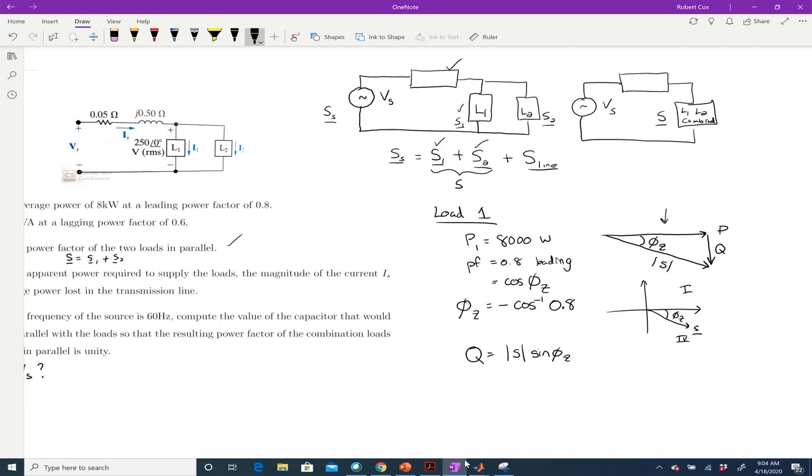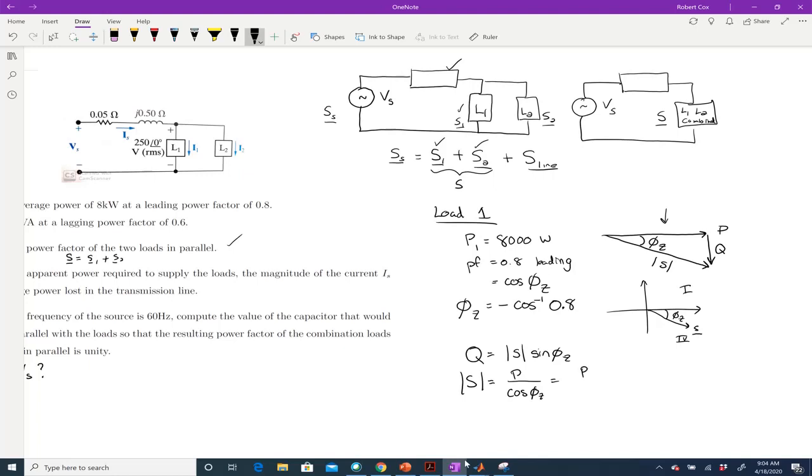And the magnitude of S, in this case, again, just looking at this relationship, is equal to P divided by the cosine of phi z. Now I could get that from my vector relationships or just looking at that triangle that I've got right there. So right now I have everything I need to be able to do this.